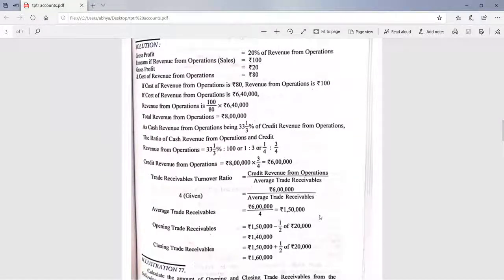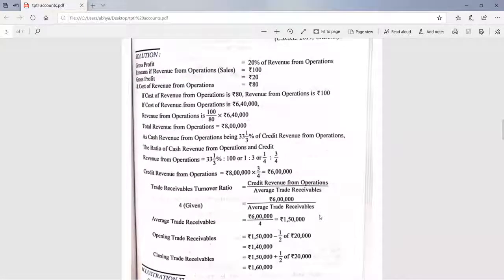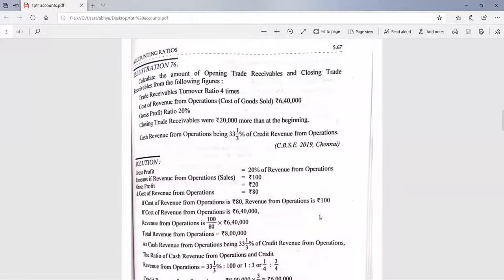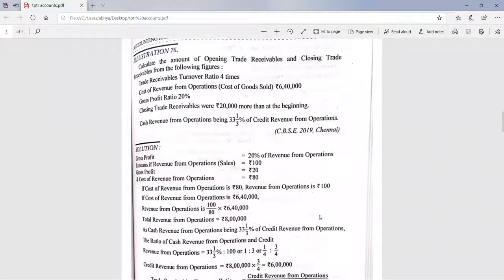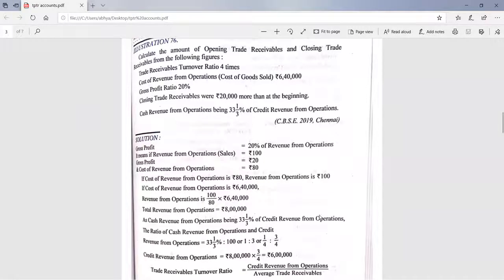Tell me, is it correct or not? Gross profit is 20% of revenue from operations, and COGS is given as 640. It is not mentioned on what the GP is calculated, so we will assume that it is on sales, because gross profit is always calculated on sales.